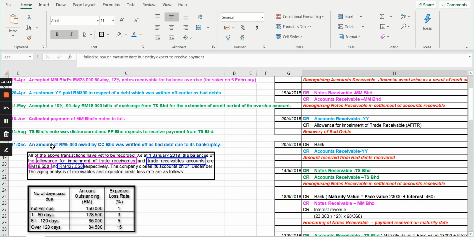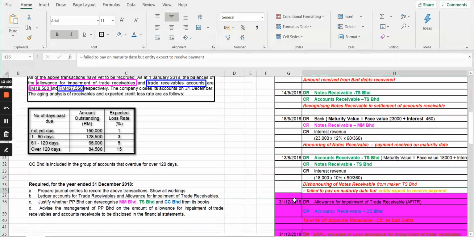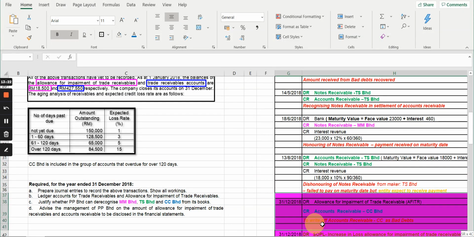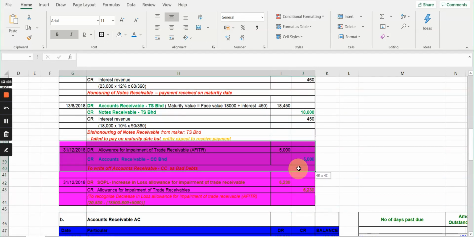On 31st of December, an amount owed by another customer, CC, was written off as bad debt due to their bankruptcy. To write off as bad debt, you are going to have your allowance account debited.